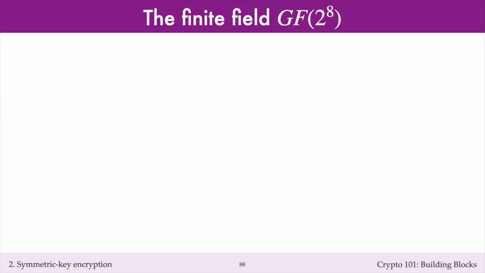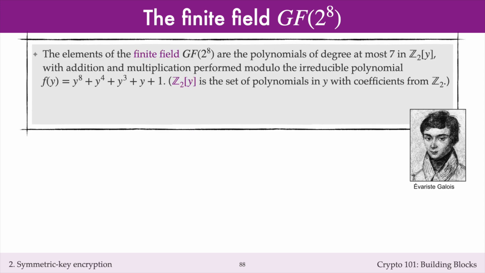I need to define the finite field GF(2^8). GF stands for Galois field. The elements of the finite field GF(2^8) are the polynomials of degree at most 7 in Z2[y]. Z2[y] is the set of all polynomials where the indeterminate is y and the coefficients come from the integers modulo 2. The coefficients of polynomials are added modulo 2.